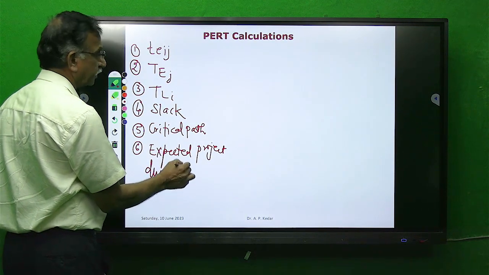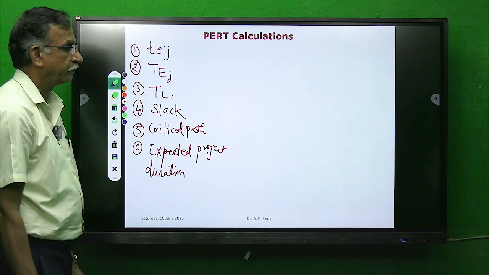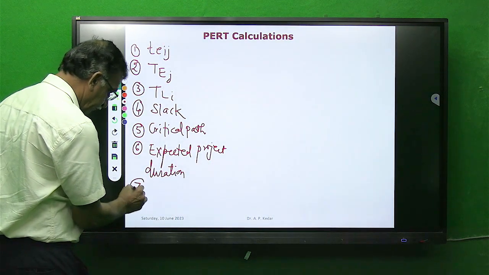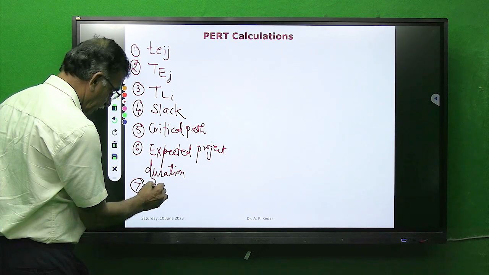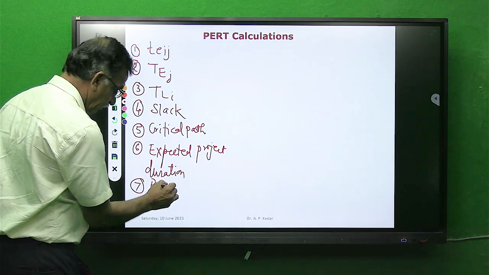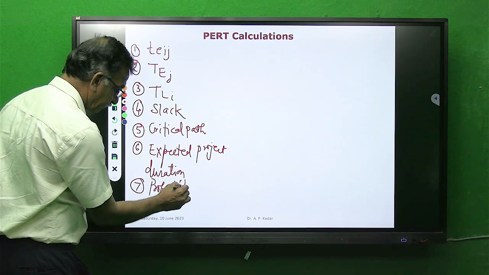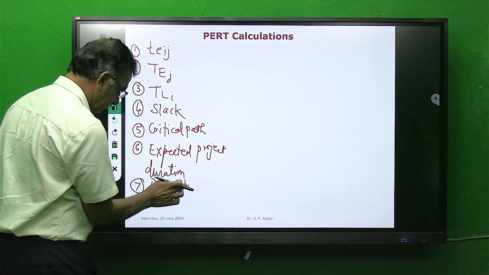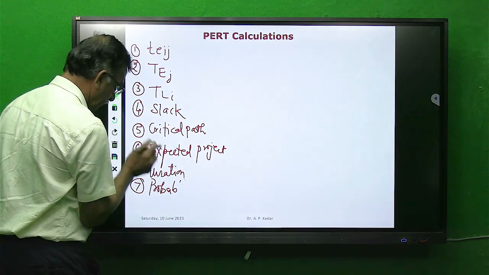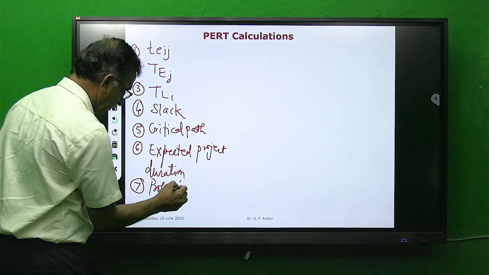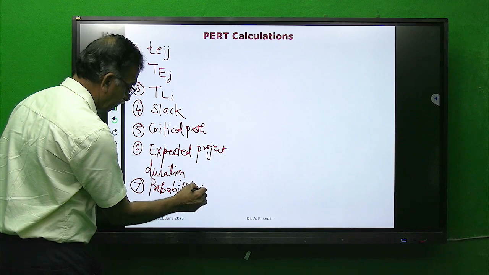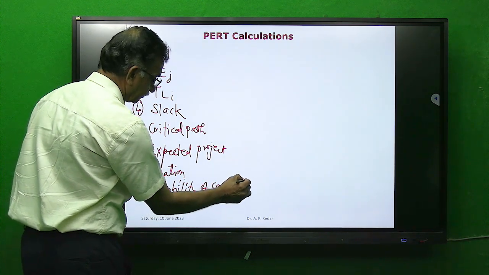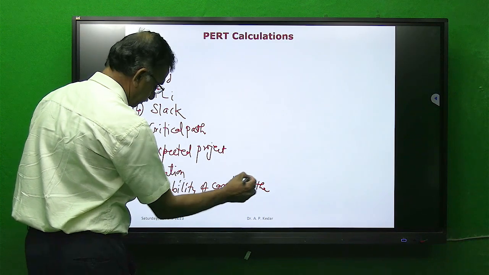We have to find expected project duration, and then we have to find, in PERT, probability. We have to find probability of completing the project.